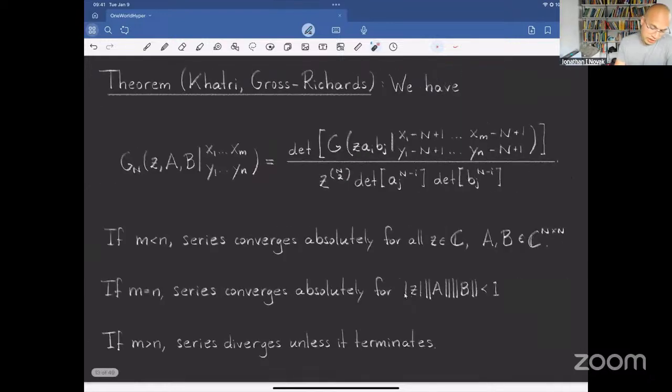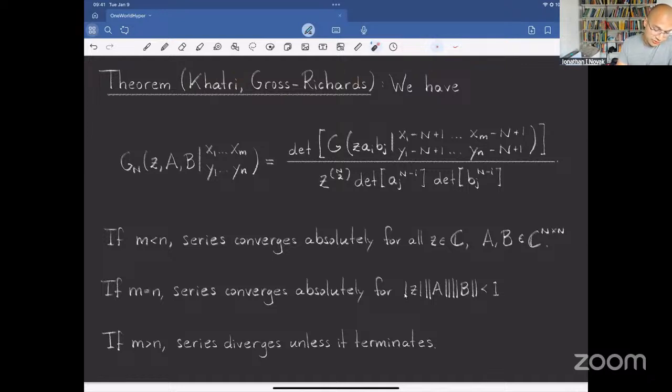And then there's the question of what are the convergence properties of this multivariate series, and you might think that this is going to be somewhat tricky to answer. And in principle, it would be actually, but there is an amazing theorem, again, these people are statisticians, Khatri and Gross-Richards.